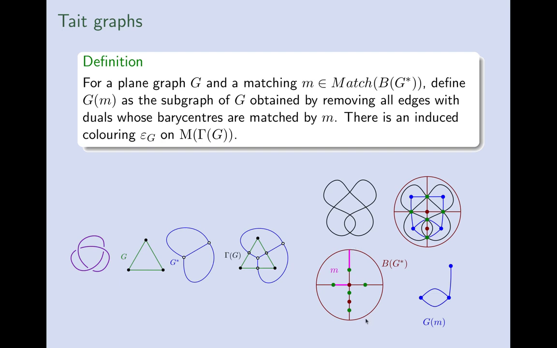And then we can look at matchings inside this graph. These are these two pink edges, for example, and then we can look at the dual, which is in this case the blue graph, or its barycentric subdivision, and take the complement of this matching. So what is the complement of a matching here?